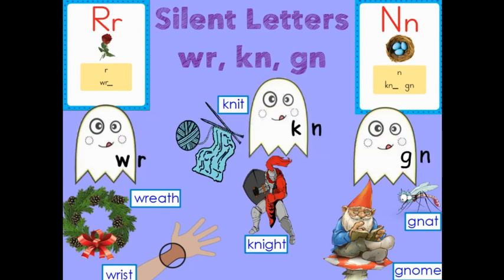Now that we're getting into working with consonant letters, we're going to spend this week looking at consonant digraphs. Consonant digraphs are when you have two consonants that are next to each other and they make one sound.